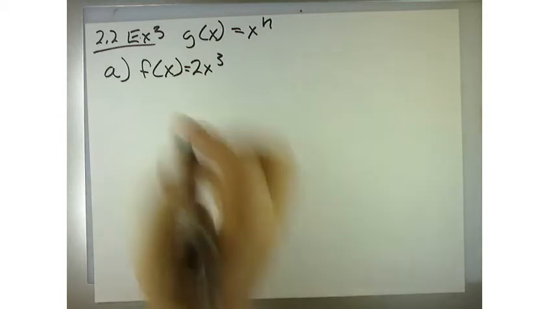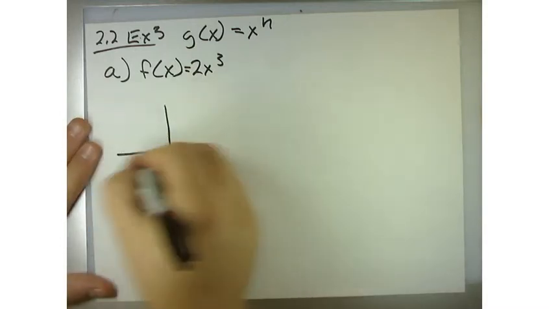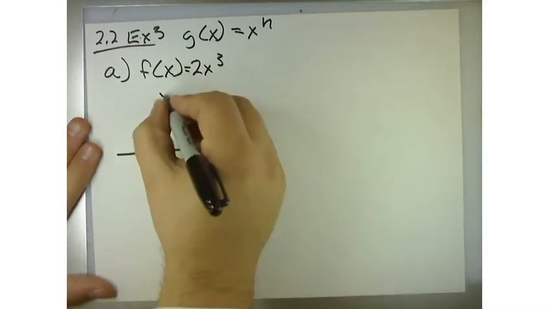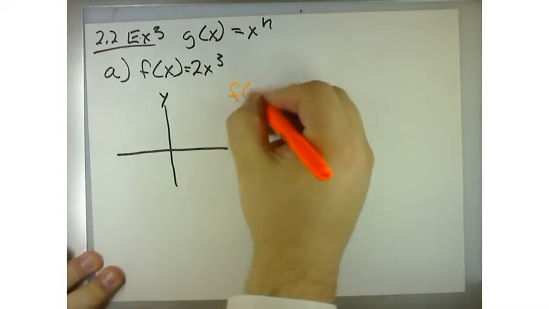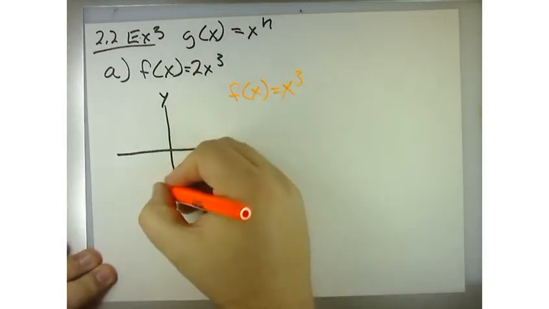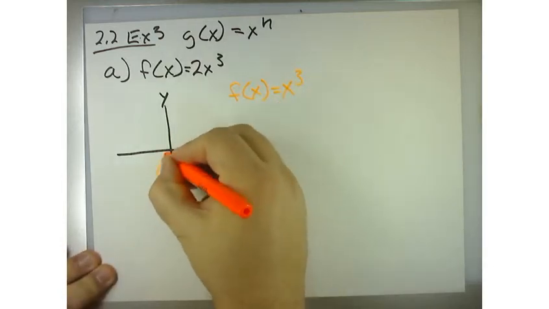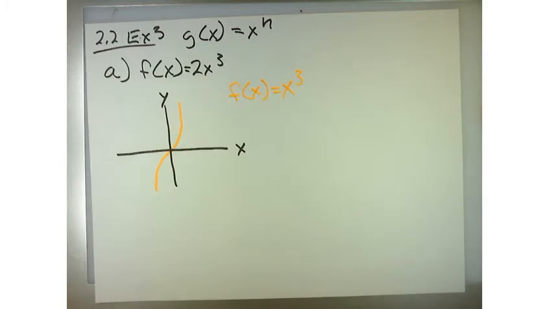So what that means is when I go to graph f of x, can you guys see the orange? Okay. When I go to graph it, it kind of looks like this. Now based on what you know, what do you think stretching that by 2 will be?